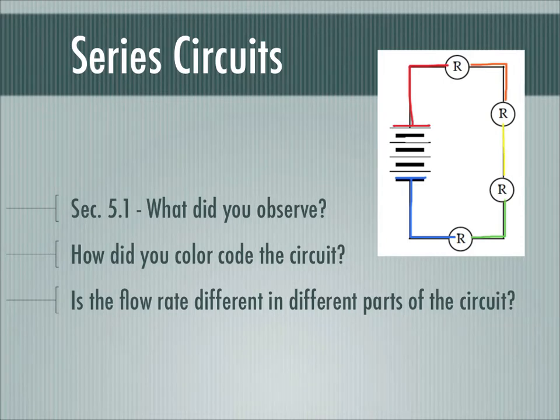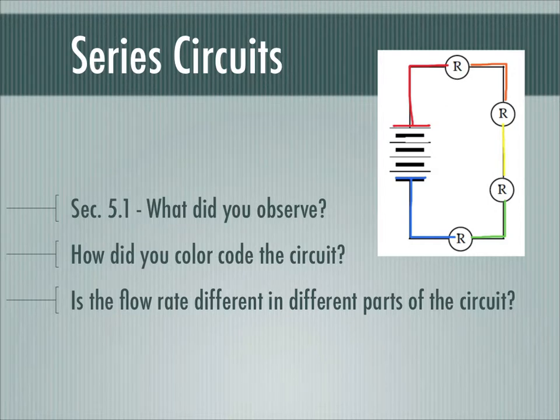Is the flow rate different in different parts of the circuit? Well, red to orange, orange to yellow, yellow to green, green to blue are all the same pressure differences, and the light bulbs are all identical, meaning they have the same resistance.